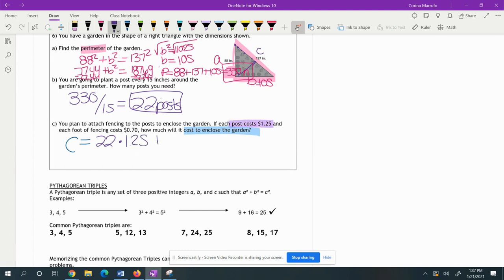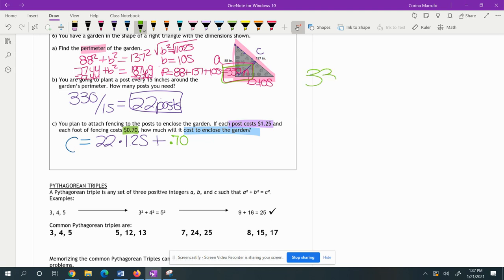Plus, we're going to need 70 cents for each foot of fencing. So we're going to take 70 cents and multiply it times each foot of fencing. But before we do, if you notice our answer of 330 was in inches, not in feet.